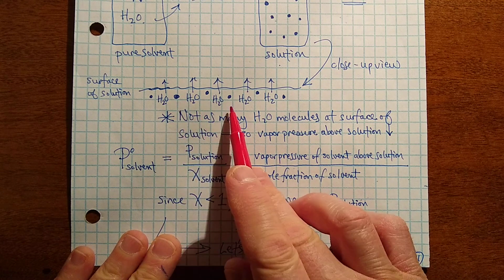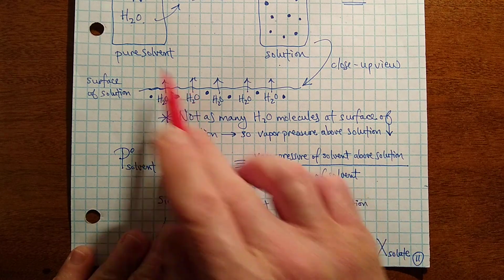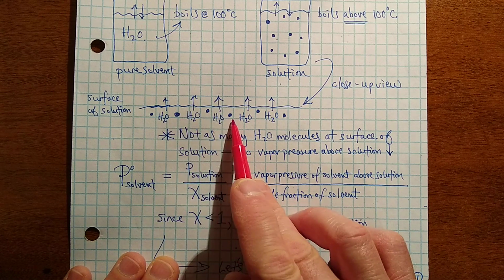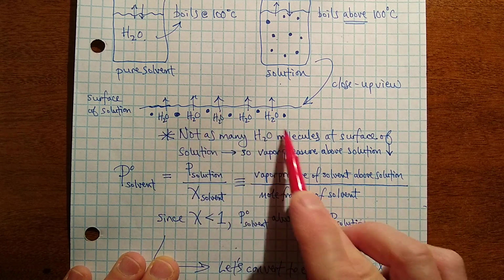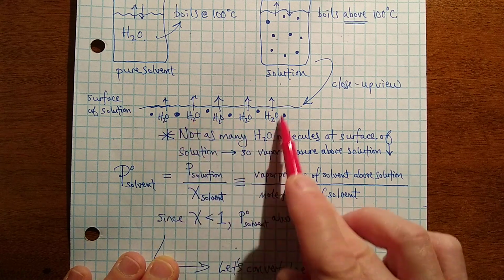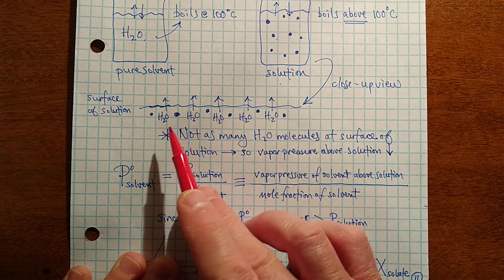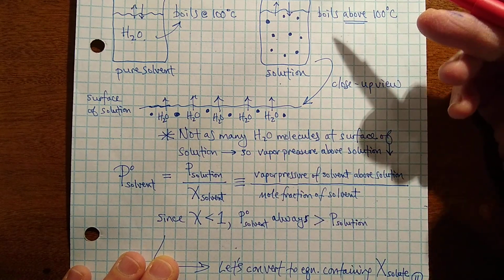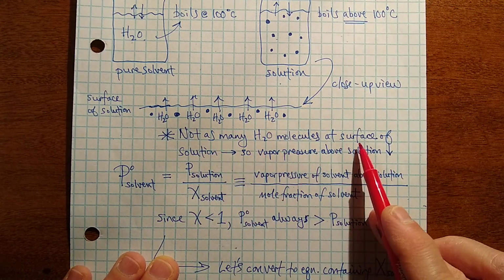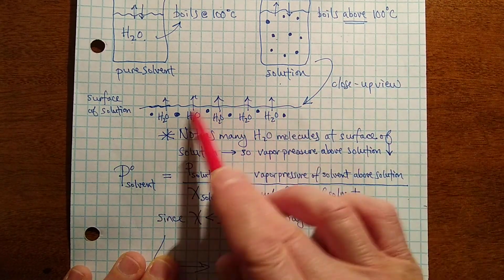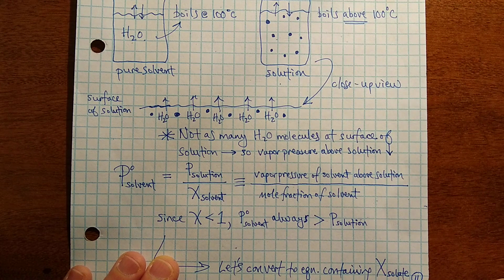What's at the surface of the solution now is not just water molecules, but a mixture of water and solute particles, these blue dots. So there are not as many water molecules at the surface to evaporate. Not as many water molecules at the surface means that the vapor pressure of the solution is going to be lower than the pure solvent.